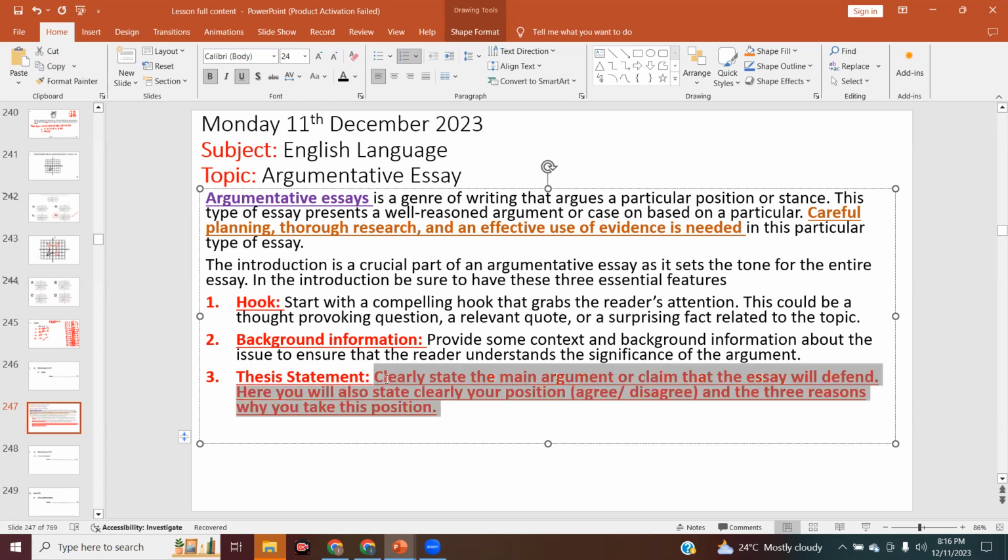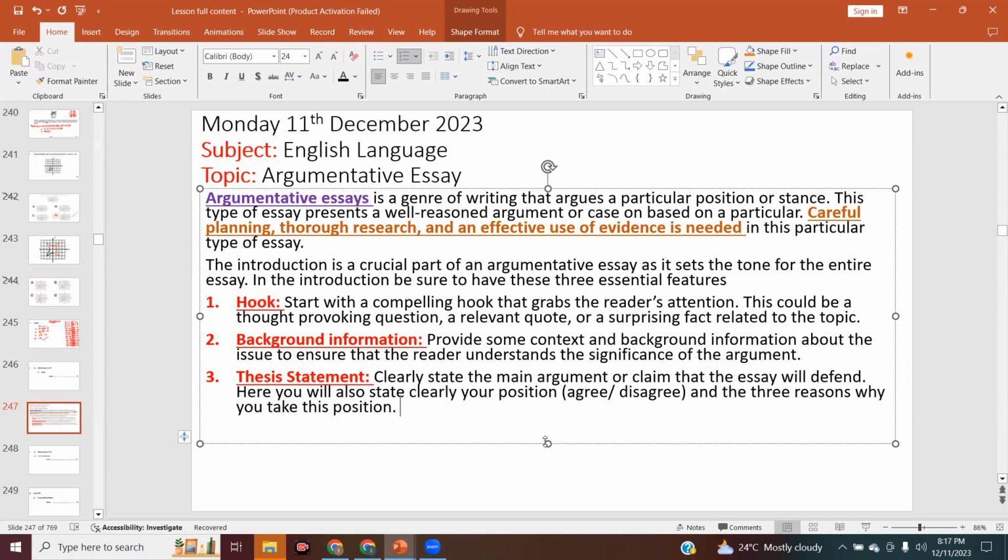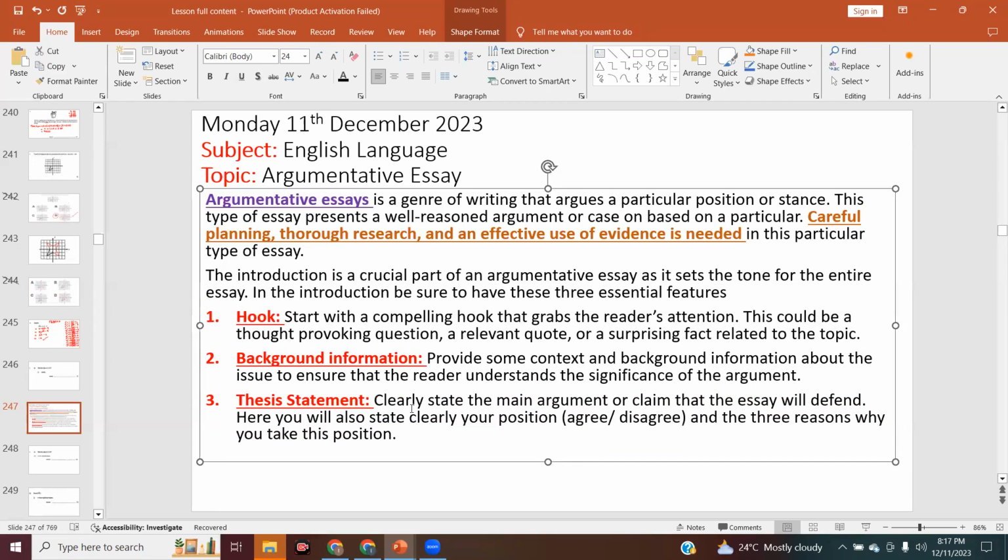So clearly state your main argument, clearly state your main claim. How do you do this? By clearly stating your position and giving 3 reasons why you take this position. Okay.